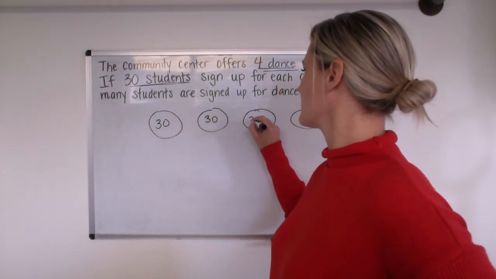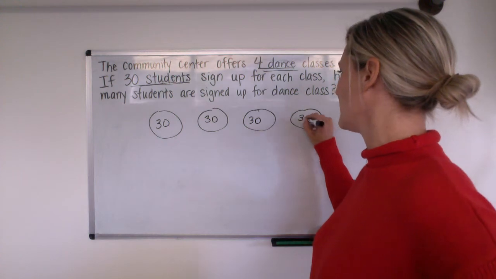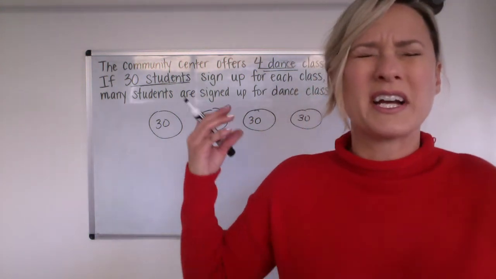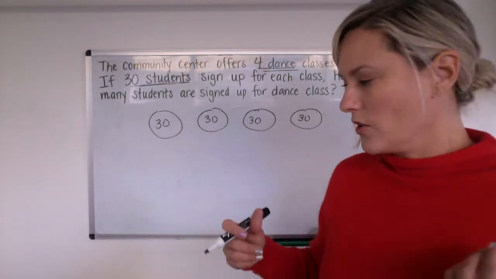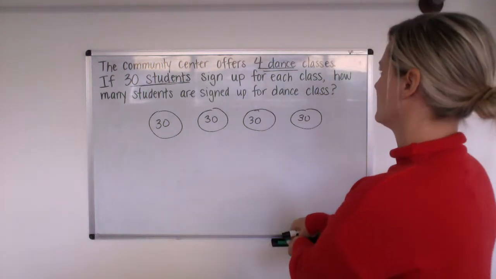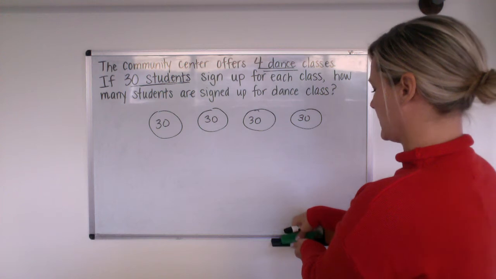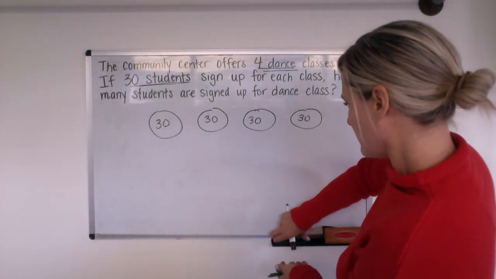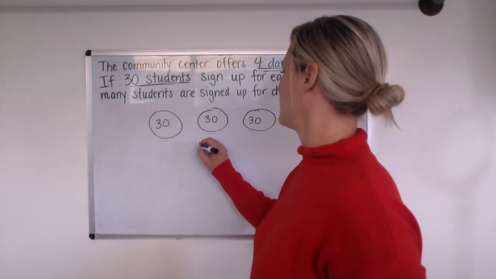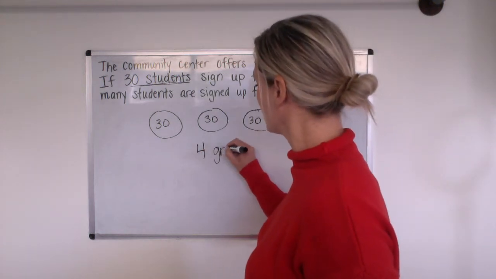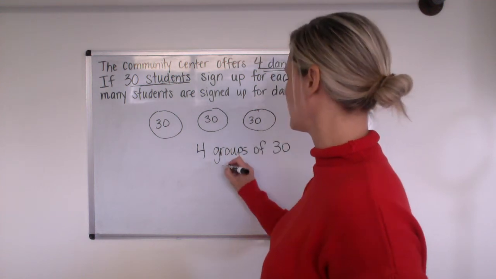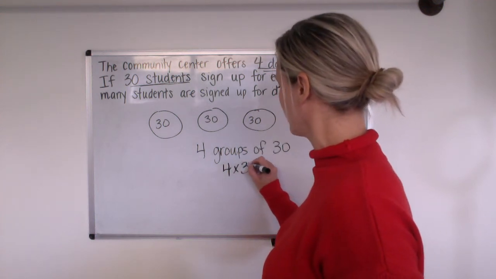I think about it like this, but I am currently trying to level up my strategy. So even though this is perfectly acceptable, I'm trying to think in base 10. So I'm thinking about 4 dance classes, 30 students. Okay, so I'm thinking 4 groups of 30, which is the same as 4 times 30, right?